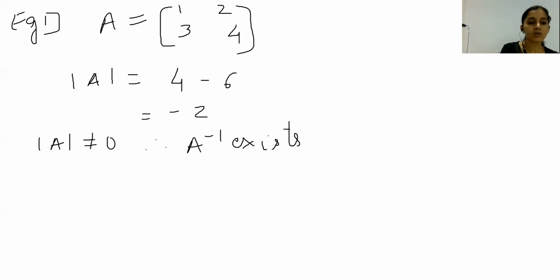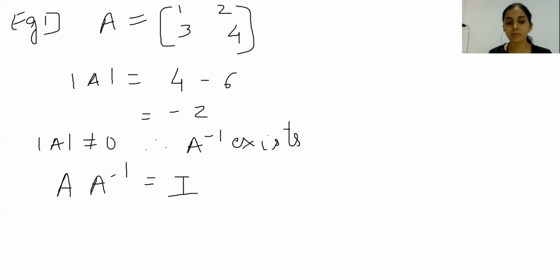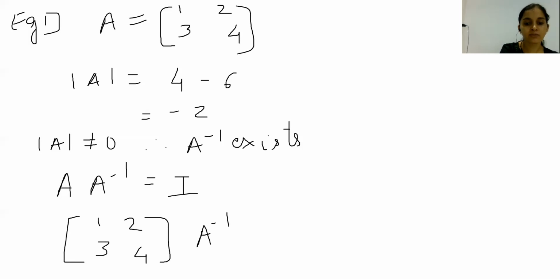Okay. Now, if I write A inverse is equal to I, it means that A has become the prefactor. It is appearing before A inverse, so it will become the prefactor. Whenever we have A as the prefactor, we will apply row transformation. So A inverse is equal to I. Okay, write the matrix over here. Put A inverse as is. Okay, this is what you have to find, and here the identity matrix.